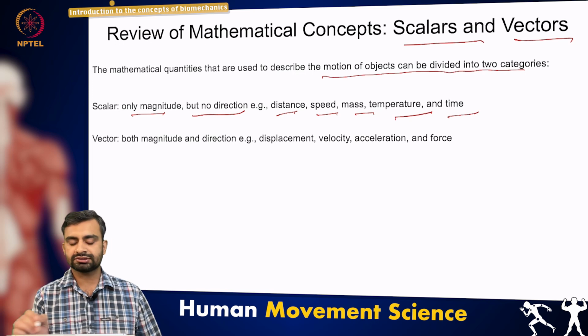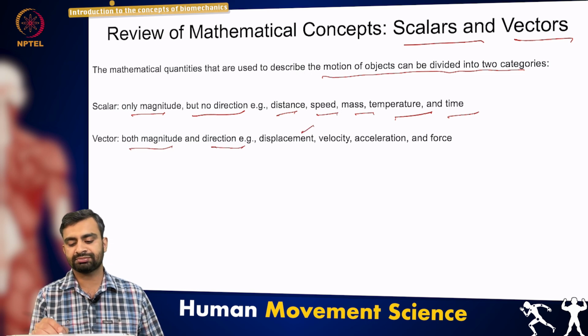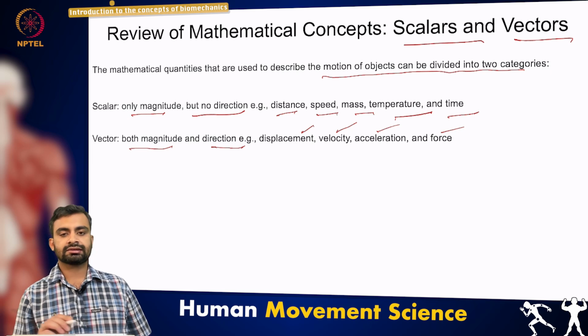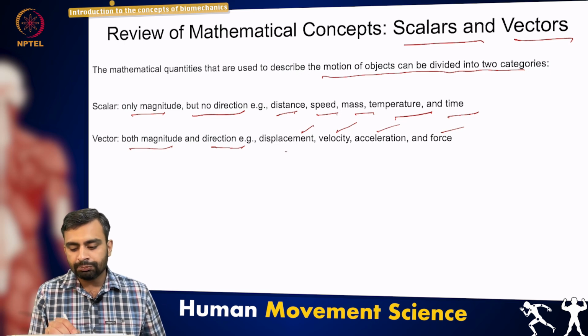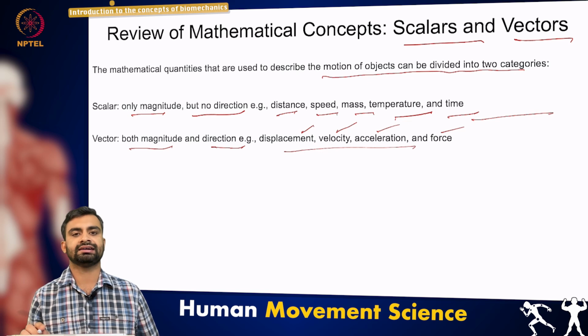Similarly, vectors are defined as quantities which have both magnitude and direction, for example displacement, velocity, acceleration and force. These concepts are very important to perform a quantitative biomechanical analysis.